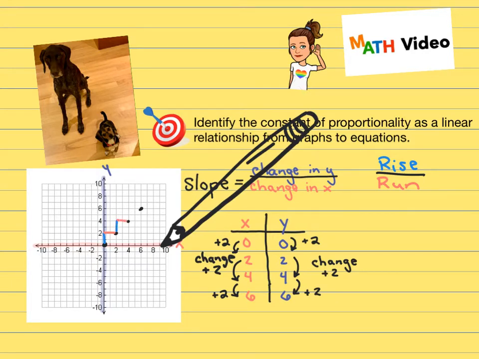The change in the x value is 2. We rise up 2, we run over 2. And then we can connect our points to form a line. We would write our slope as 2 over 2, or simplify to 1.